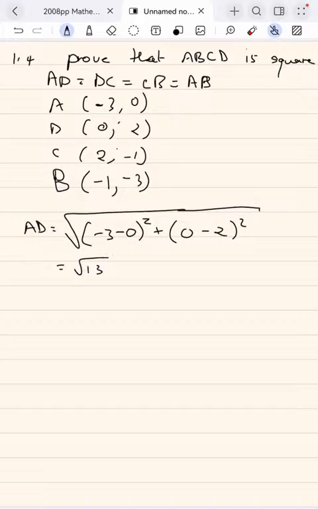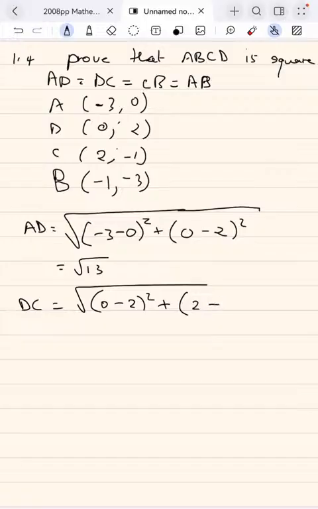Let's go with DC. We go DC again, just like here. DC is the square root of (0 minus 2) squared plus (2 minus minus 1) squared.